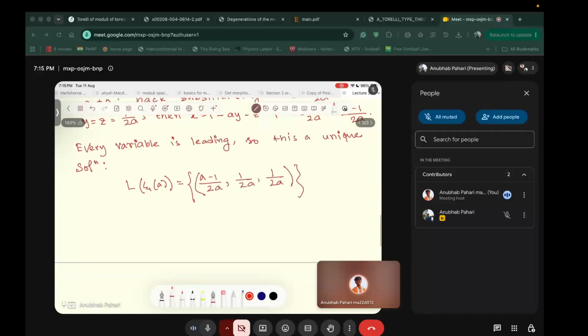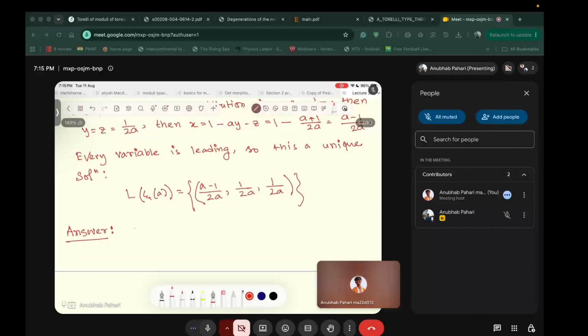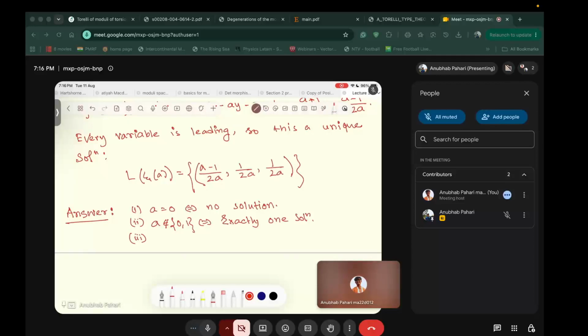So our answer will be in this form if we write it clearly. a equals 0 gives us no solution. a not belonging to {0, 1} gives us exactly one solution, and the third one, a equals 1, says more than one solution, right?